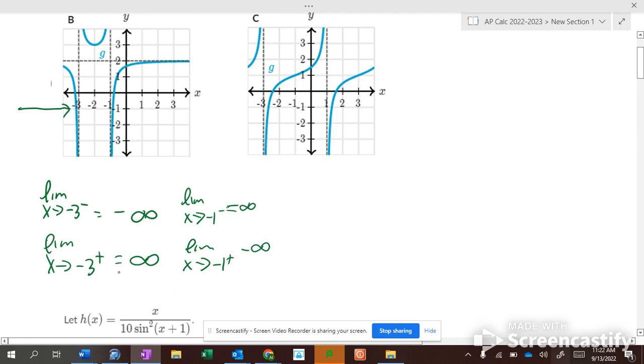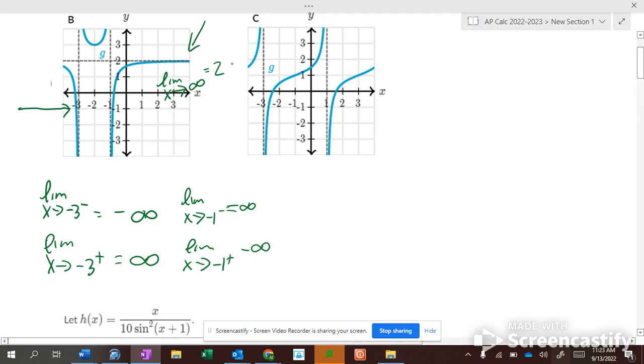What about looking at this? What's the limit as x approaches infinity? What would the limit be as x approaches infinity there? It would equal 2 because it's getting closer and closer to a y value of 2. Okay?